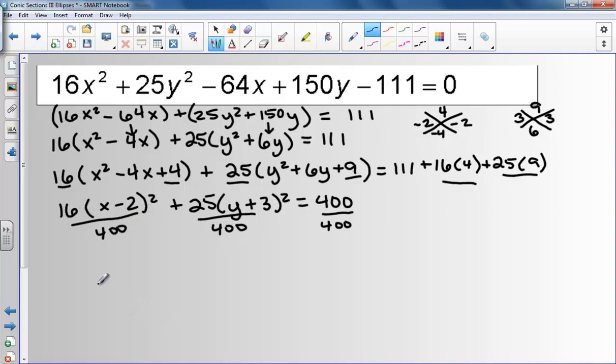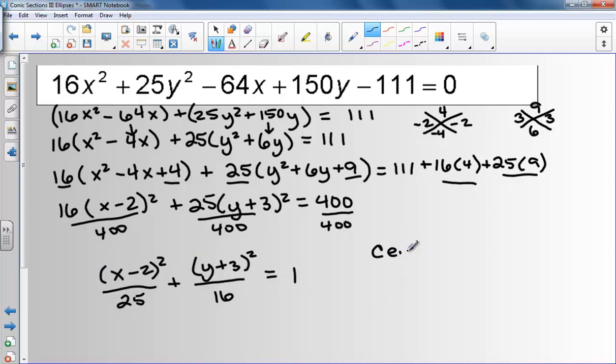So 16 will go into 400, so I'm going to reduce this down. I reduce 16 over 400 and it will be 1 over 25. I'm going to reduce down 25 over 400 and it becomes 1 over 16. And so I could write my 1 out here, but we really don't need to do that. Equals 1.